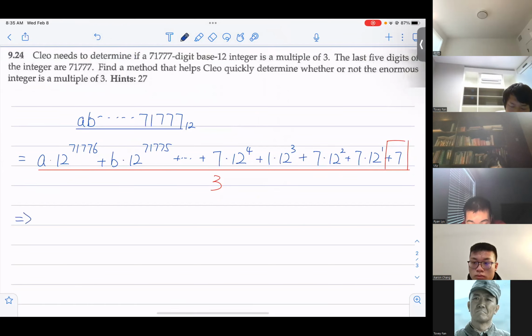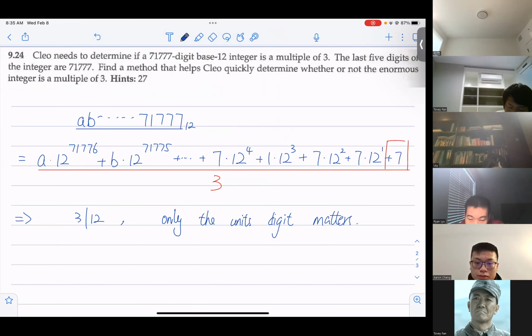Okay, so I'm just going to say here, 3 divides 12. Therefore, only the units digit matters. And then 3 does not divide 7.